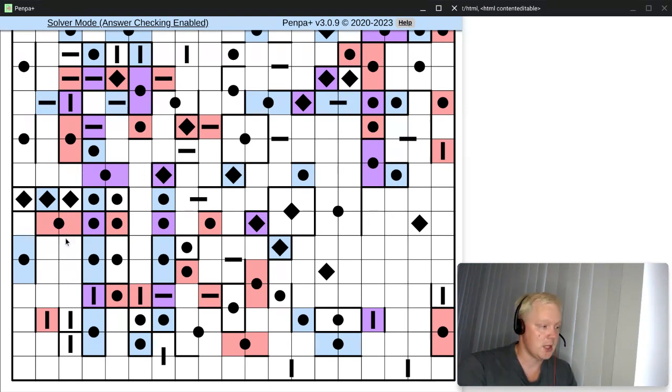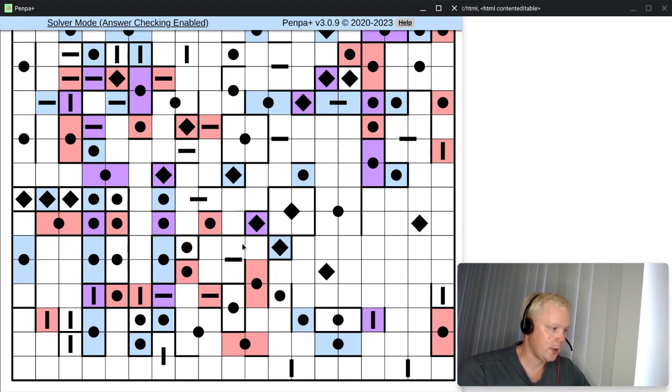In the simplest case, where a cell is only reachable from one symbol, we can draw the counterparts of those lines on the other side, so we can fill in this room here, knowing this cell has to be part of the room with this dot.